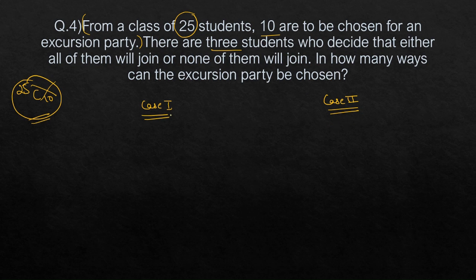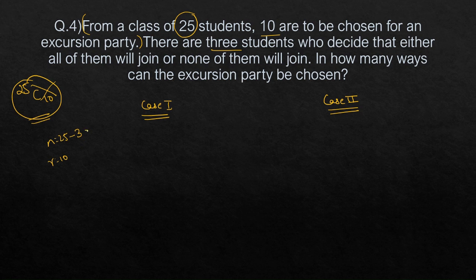If we take the case that all 3 of them will join the party, what happens is first we'll subtract. So n here is equal to 25 and r here is equal to 10. In the first case, what happens is we subtract 3 from 25 because out of these 3 we do not have to select because they are included, they are compulsory.